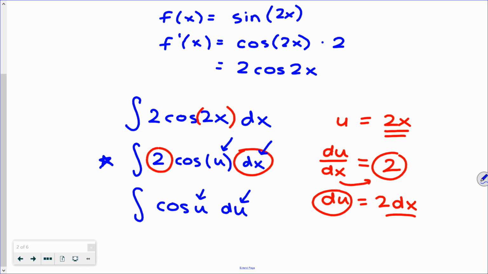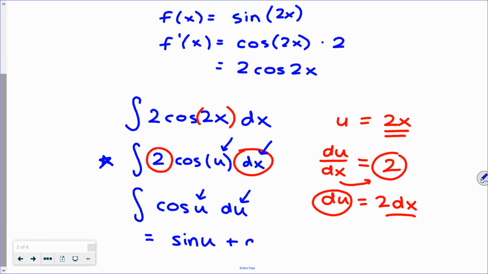But now I've got them to match because I did a little substitution, and now I can actually do the antiderivative of cosine u. So I put a little equal sign to show I am now actually removing the integration symbol. I'm going to do the antiderivative of cosine. Because the derivative of sine is cosine, the antiderivative of cosine is sine.